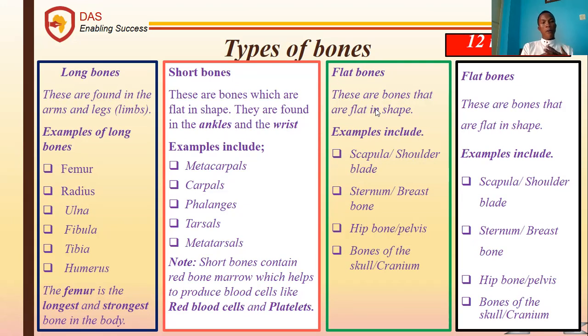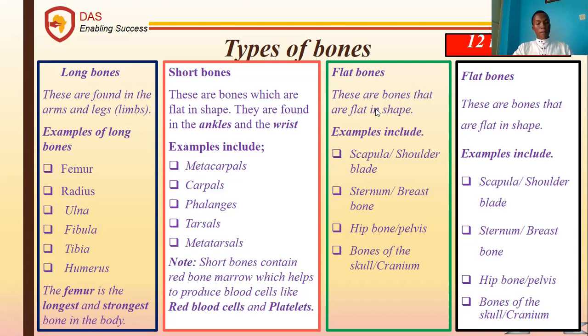Examples of long bones are the femur, radius, ulna, fibula, tibia, and humerus. The femur is the longest and the strongest bone in the body. They'll ask you, name the longest bone in the body.